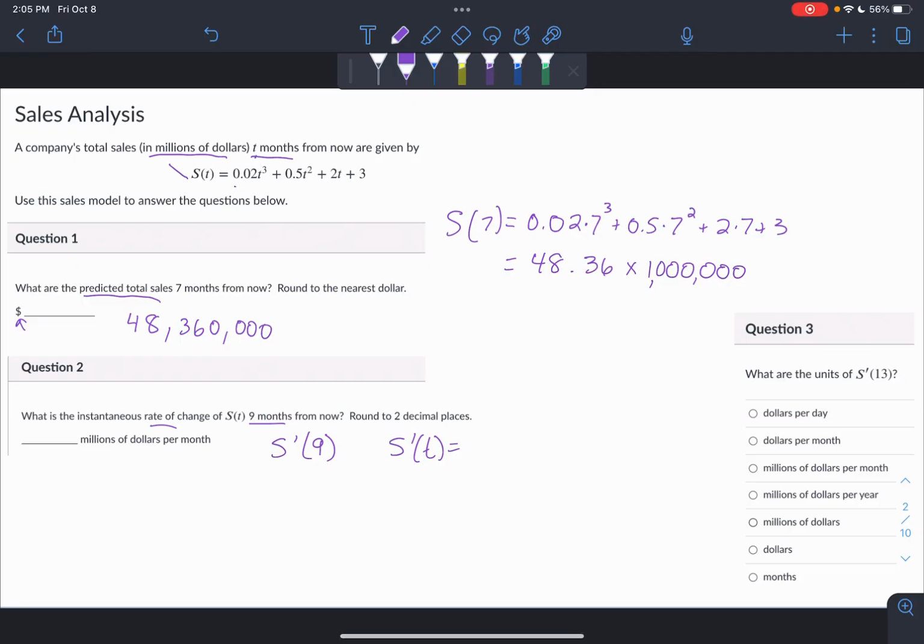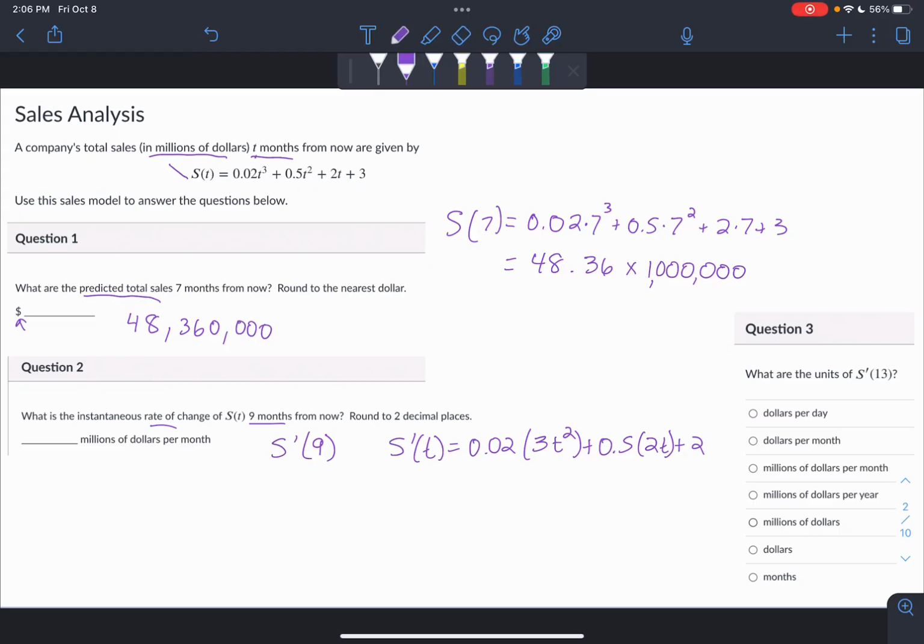So we can split them up because these are all being added. The derivative of 0.02 T cubed is just 0.02 times 3, use the power rule, right? 0.5, and then times 2T, and then the derivative of 2T is just 2, and then the derivative of 3 is just 0.